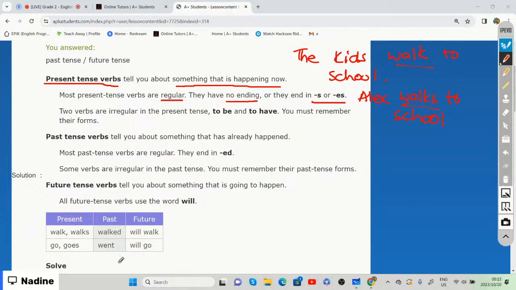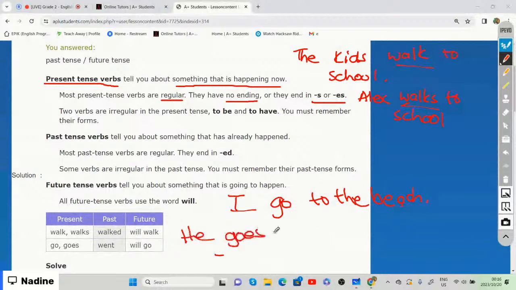And when it comes to our irregular present tense, to be or to have, then we can also say things like I go to the beach, or we can say he goes to the park.